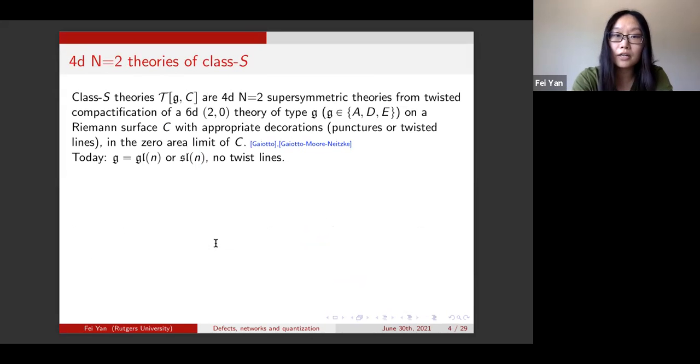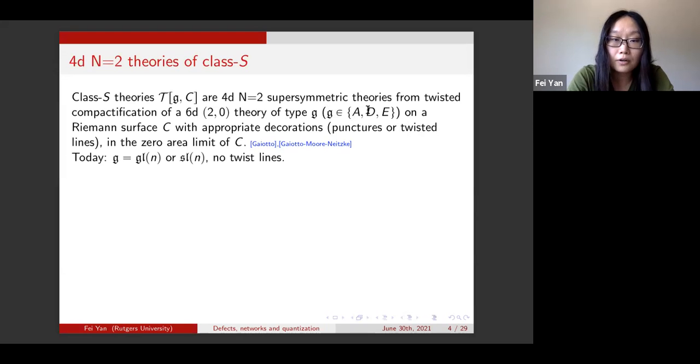So class S theories are 4D N=2 supersymmetric theories from a twisted compactification of a 6D (2,0) theory of type ADE on a Riemann surface C with appropriate decorations. The decorations could be punctures or twist lines. If your Lie algebra has some non-trivial automorphism, you could also decorate your Riemann surface with twist lines.